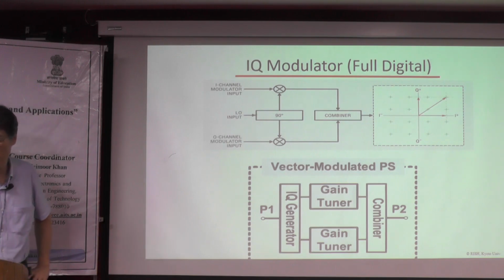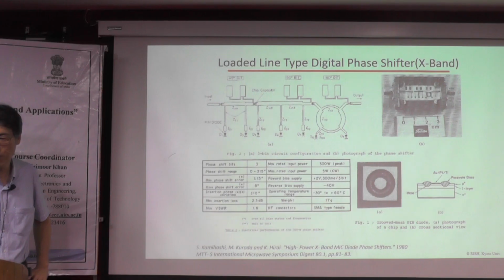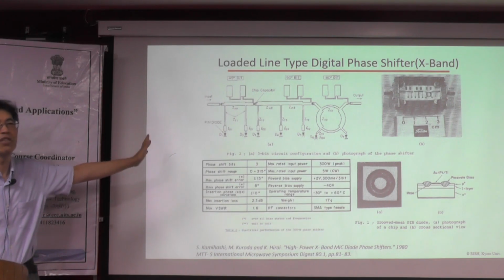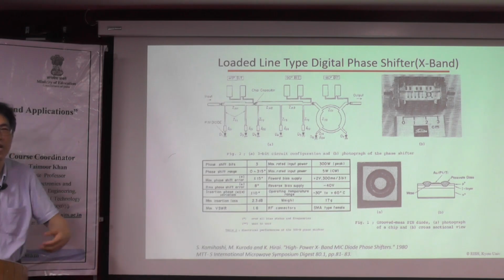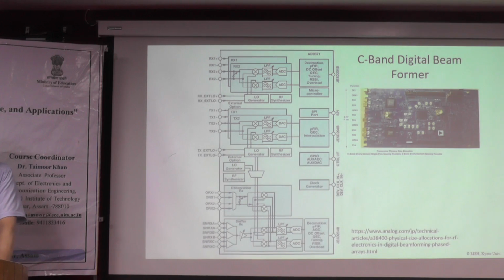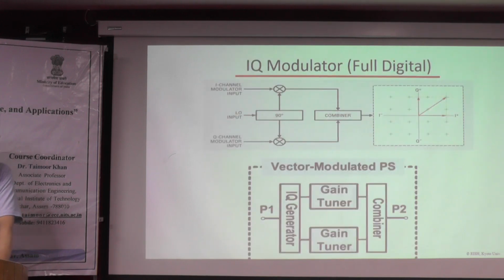So if possible, we would like to use this analog type digital phase shifter to keep a high efficiency. So this is a very important element for phased array antennas.